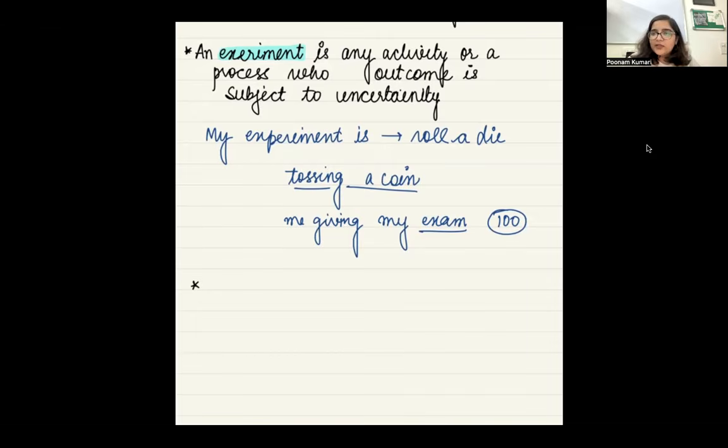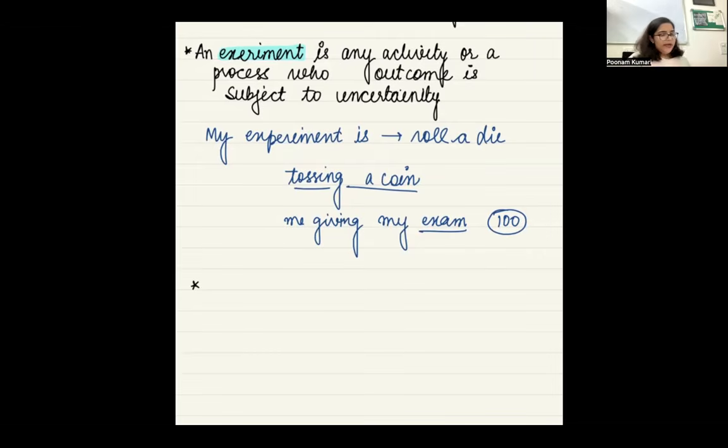For example, today, time will cross 8 p.m. That's something which is definitely going to happen. There is no uncertainty about it, right? So that is not an experiment. So an experiment is a process or an activity whose outcome is subject to uncertainty.